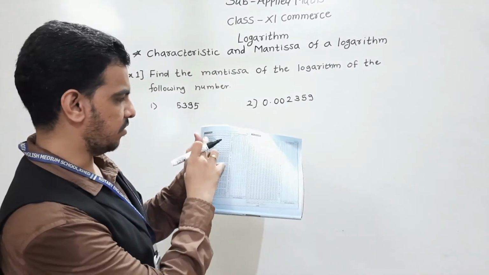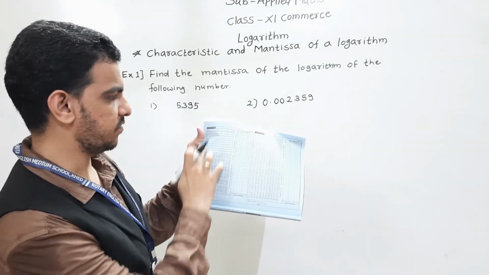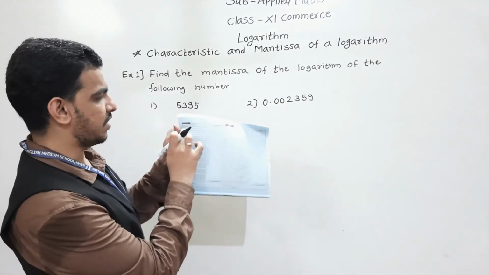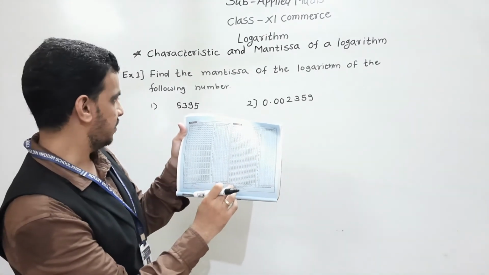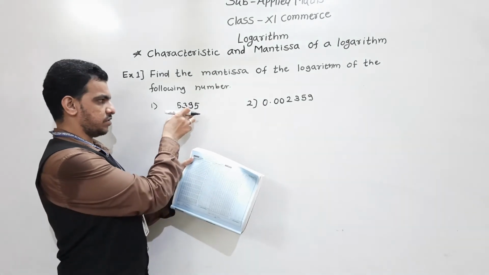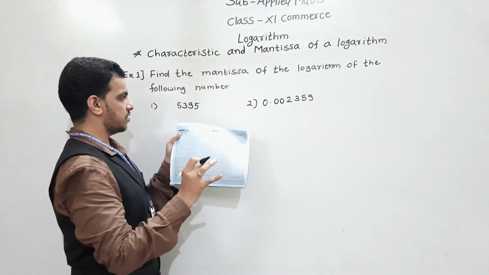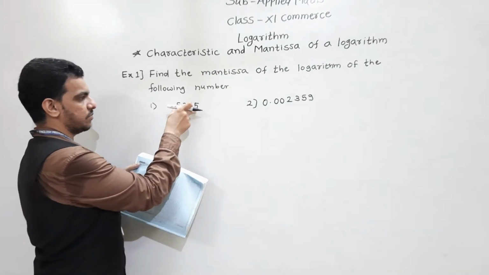Here from 10 to 99, that is 90 rows. It starts from 10, 11, 12, up to 99. We have to use the first four non-zero digits for finding the mantissa of the logarithm of this number.